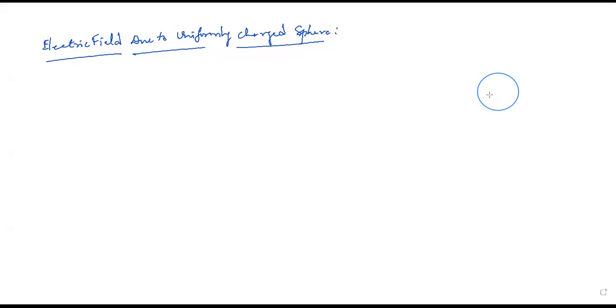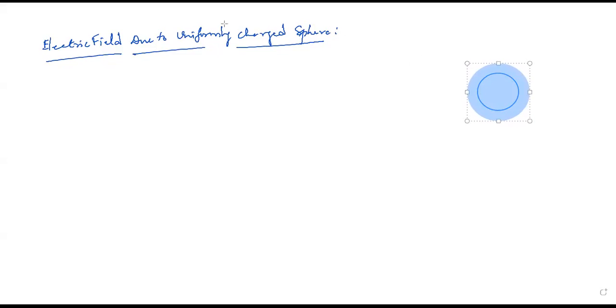I am taking the charge on this as some positive charge, and I will put that also. In the last class I already drew this.